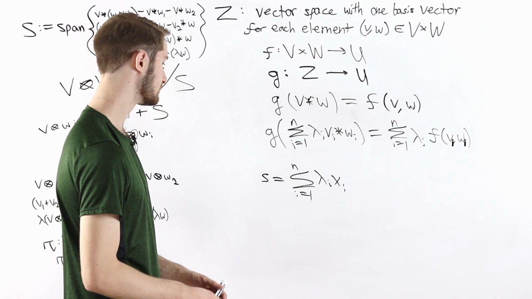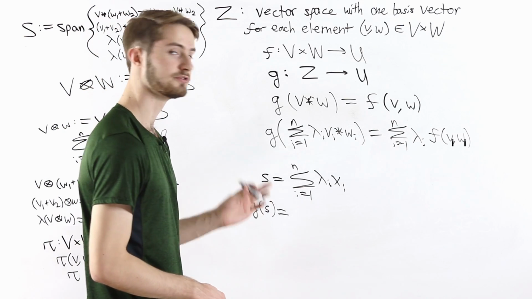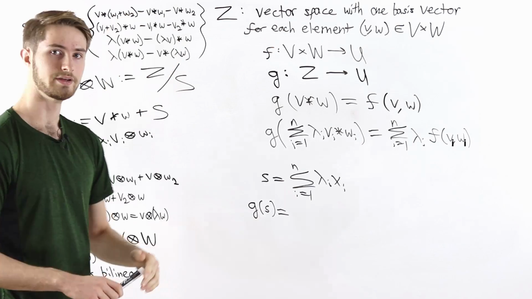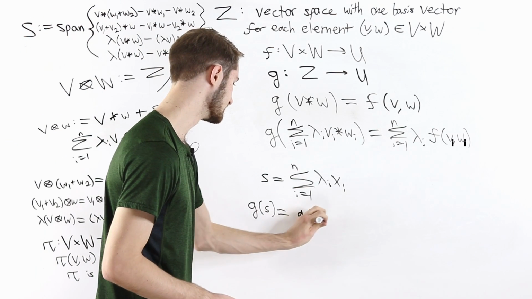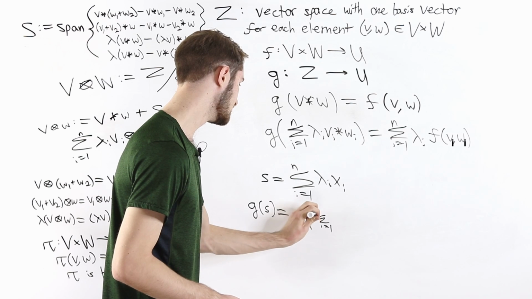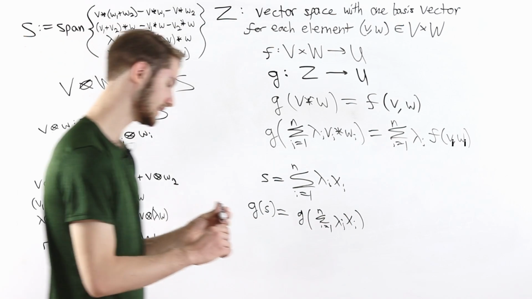Now our goal is to prove that g of s is equal to 0 for every possible s. Now, g of s is the same as g of this sum, because these two are equal. So we have g of the sum from i equals 1 to n of lambda i x_i.